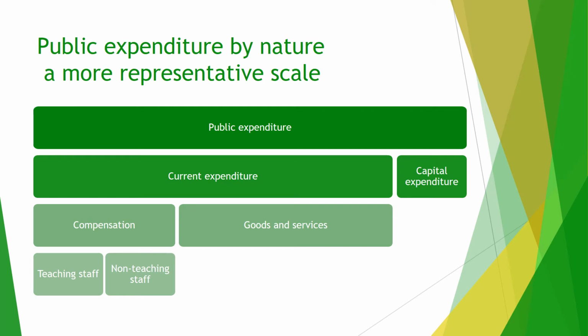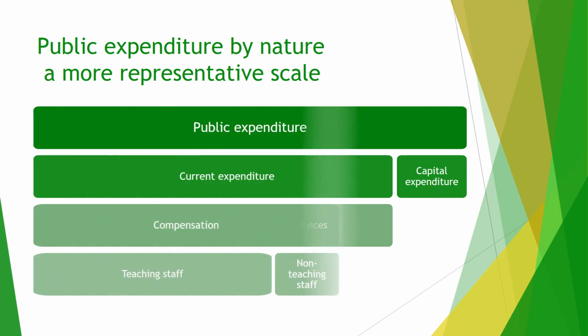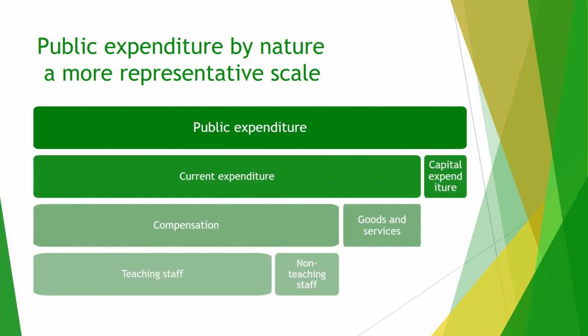So if we look at this chart from the previous slide, it's a conceptual chart to describe the different kinds of public expenditure by nature. It's not representative of the scale, the importance of those different expenditures in reality. If we want a more representative scale, we would look at something like this.